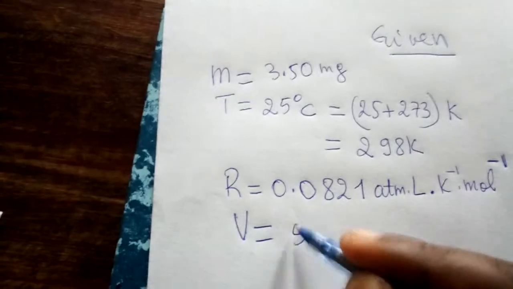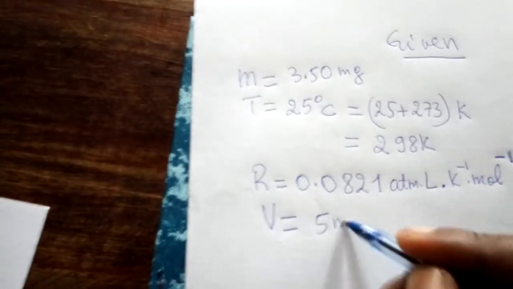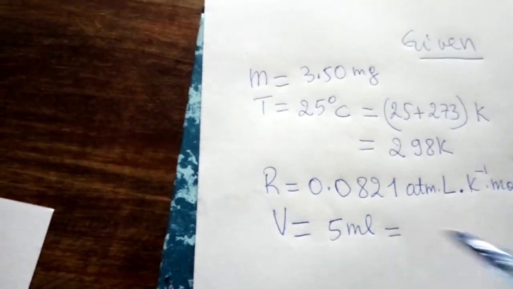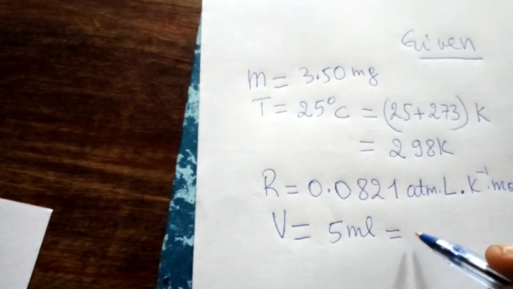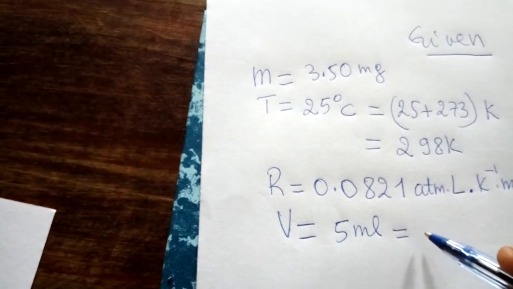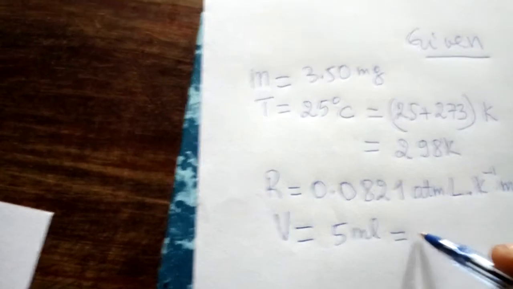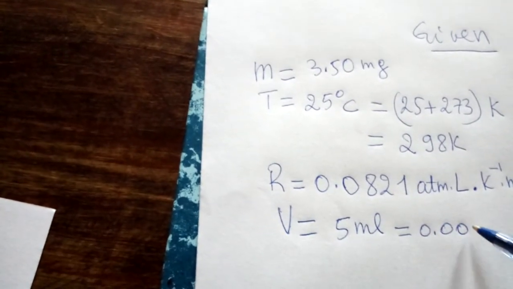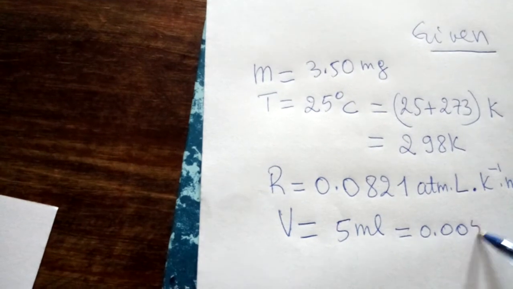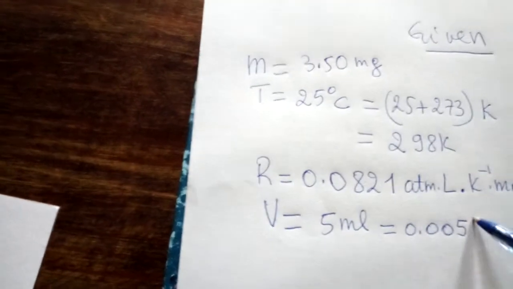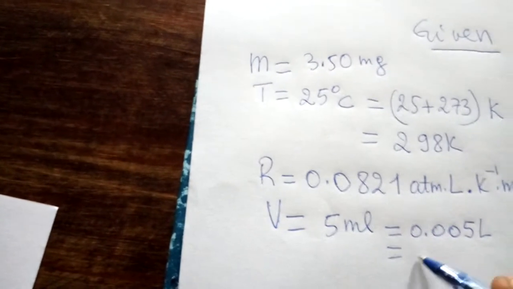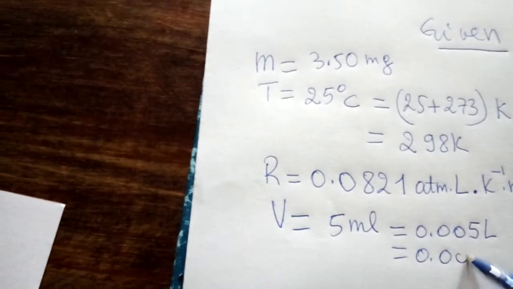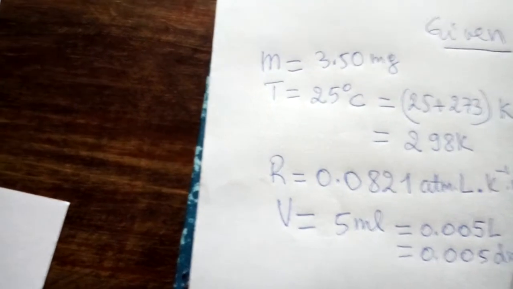We have to convert the 5 milliliter into cubic decimeter or liter. It is equal to 0.005 liter, equal to 0.005 cubic decimeter.